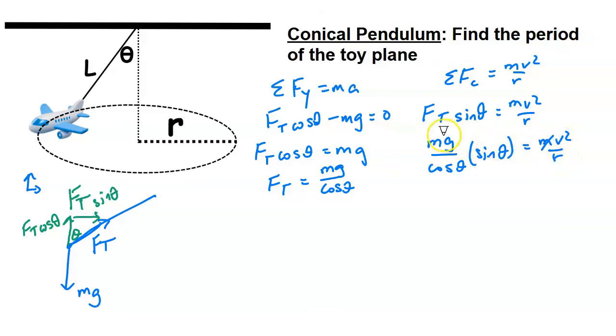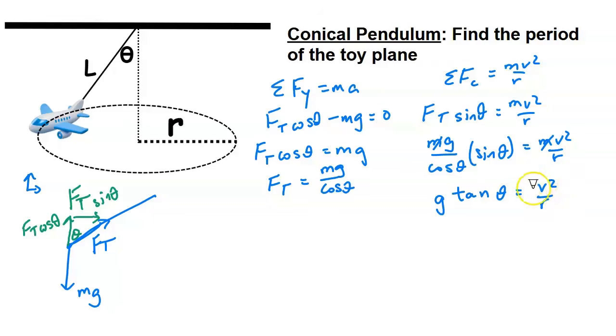Notice that the m cancels out, so the mass of the plane does not factor into this period here. And then we have sine theta over cosine theta, which equals tangent theta. So g tan theta is equal to v squared over r.